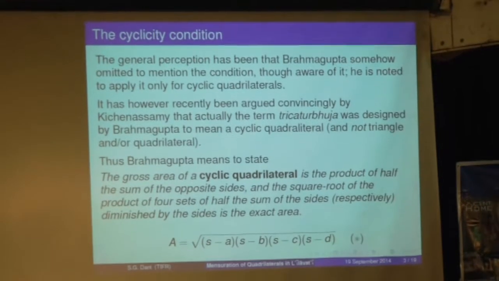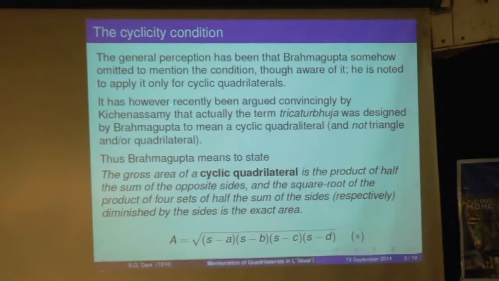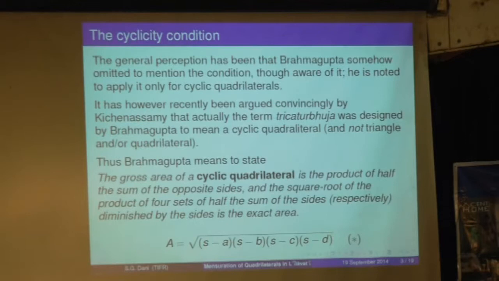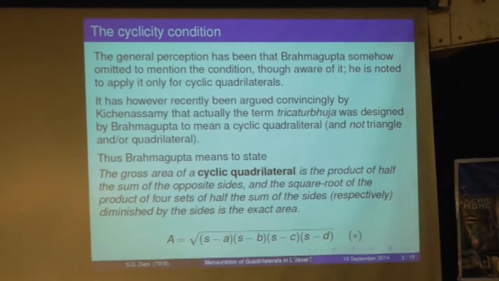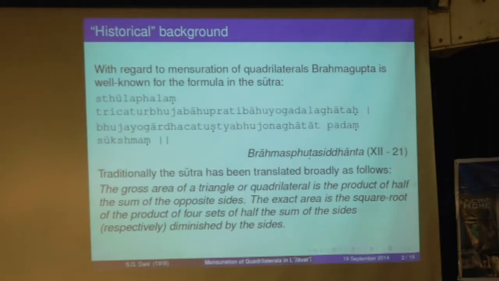It has, however, recently been argued by Krishnaswamy that this interpretation of the sutra itself, the translation itself, is not quite correct, and especially with regard to the term Trichaturbhuja. What does Trichaturbhuja mean? As we saw, it was translated as triangle or quadrilateral, that it applies to both triangles and quadrilaterals.